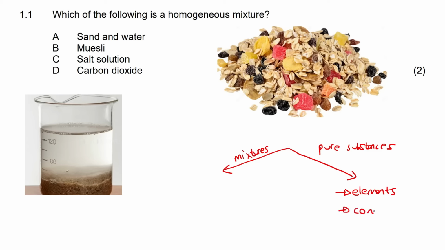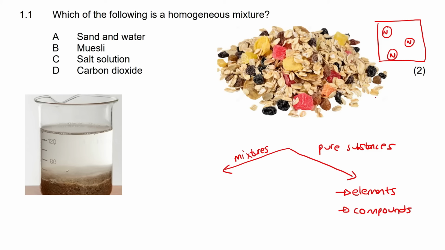or compounds. So, for example, if you have a container and in that container you've only got nitrogen, then this would be called a pure substance, because there's only one type of thing, right?